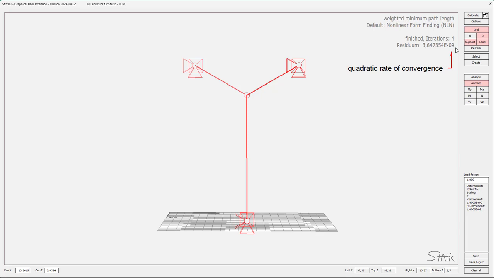And that's exactly what we call a quadratic rate of convergence, that these negative exponents just scale by the factor of 2 from one iteration to the next. So we have -1 times 2 is -2, -2 times 2 is -4, and again -4 times 2 is -8, so we are even a little bit better than an exact quadratic rate of convergence.